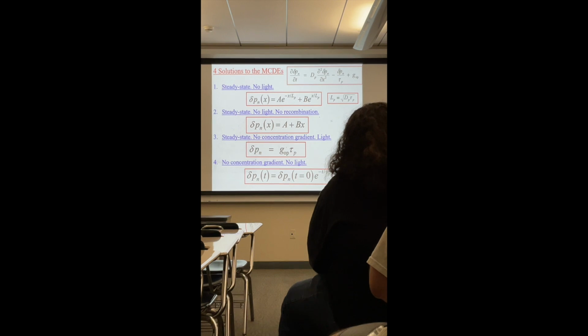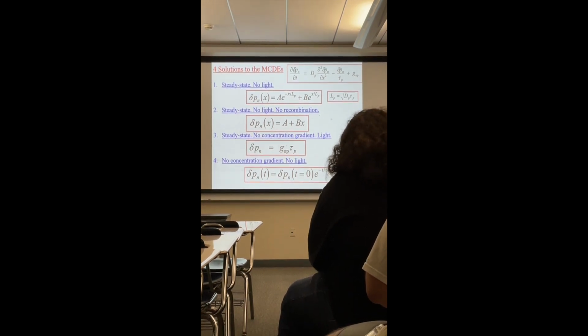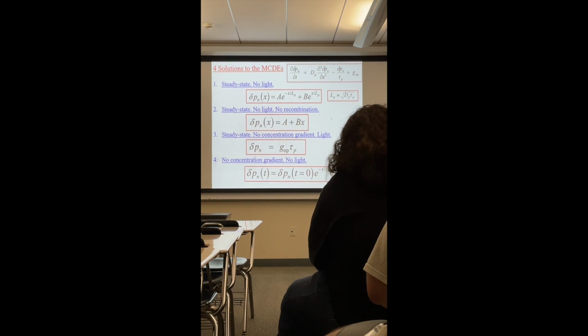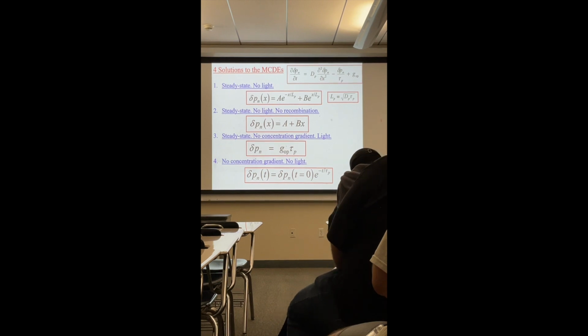Make sure you understand the steps. For a given example, always try to find which solution you want to use. Based on the given conditions, choose one of the solutions, and then based on boundary conditions, solve for A and B. Alright, I think that's all for today.